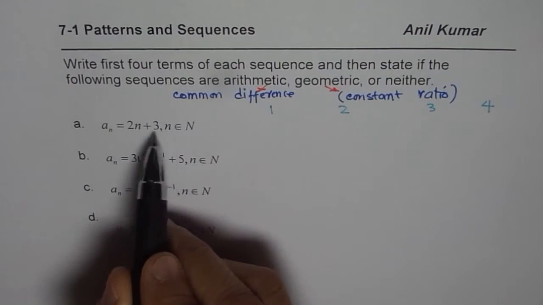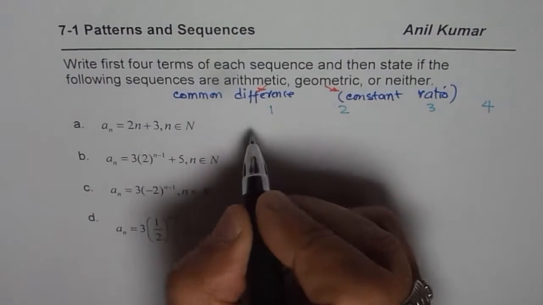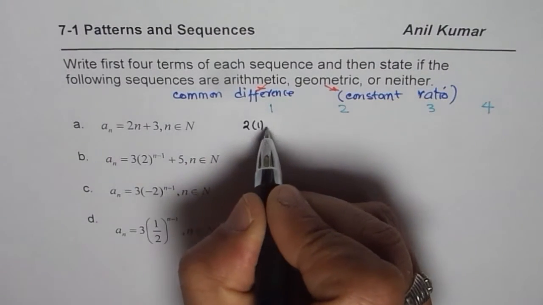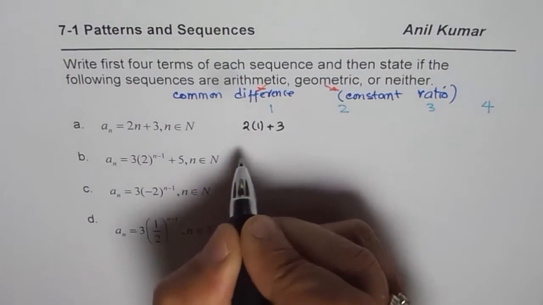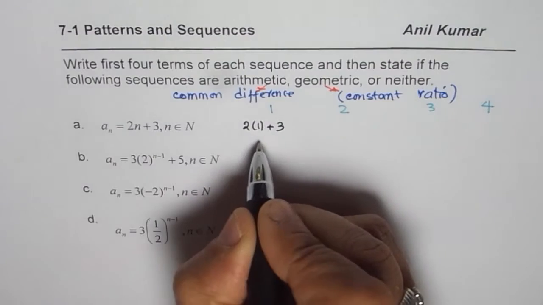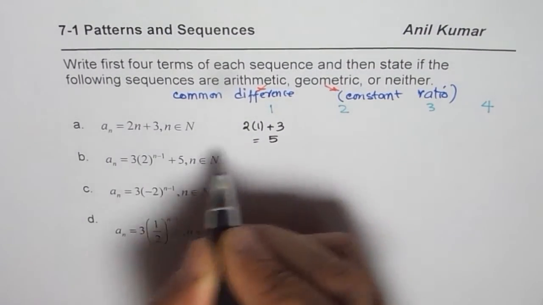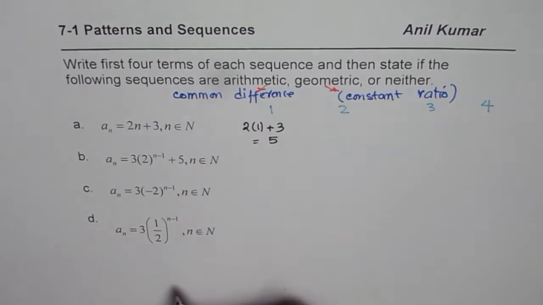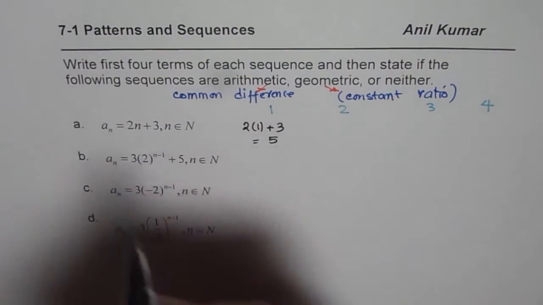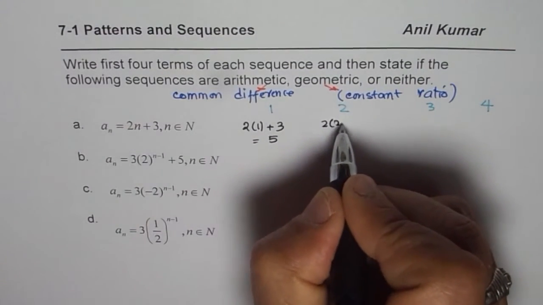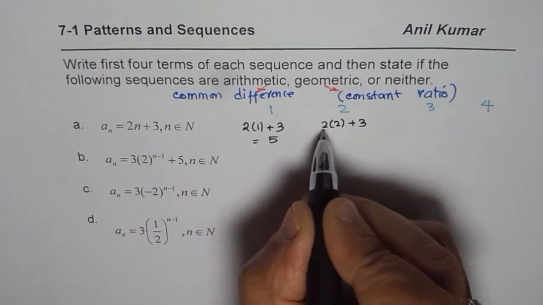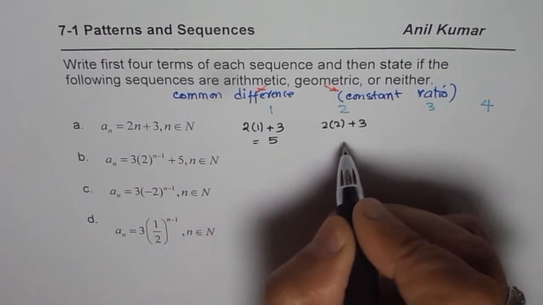So let me substitute n as 1. If I substitute 1, I get 2 times 1 plus 3, which is 2 plus 3, and that equals 5. So the first term here is 5. Second term, let me write n as 2. So I get 2 times 2 plus 3. 2 times 2 is 4. 4 plus 3 is 7.